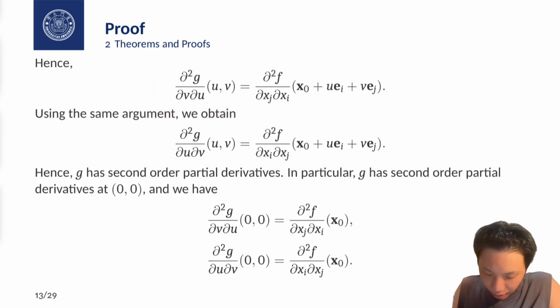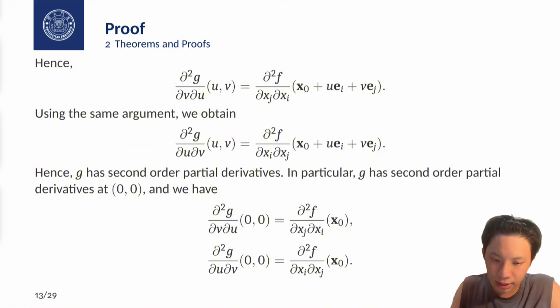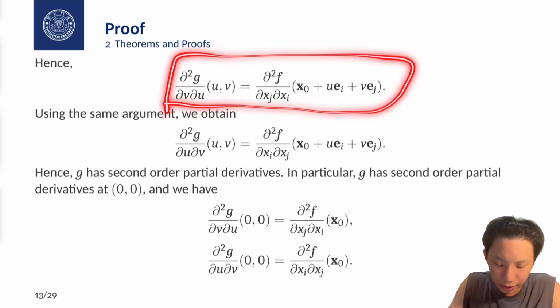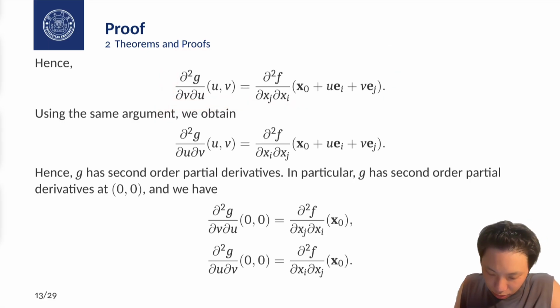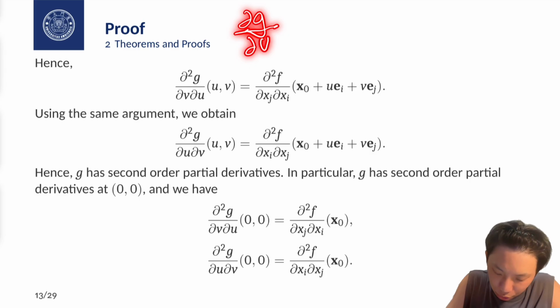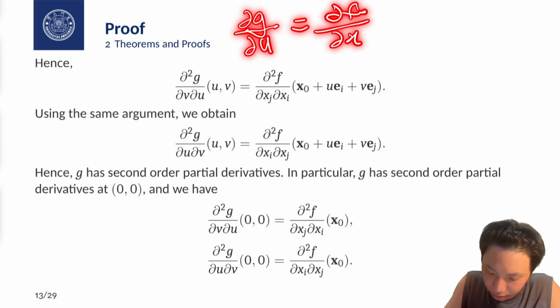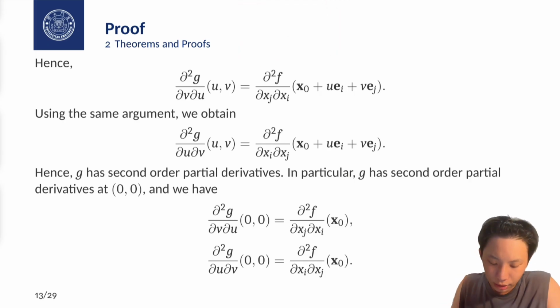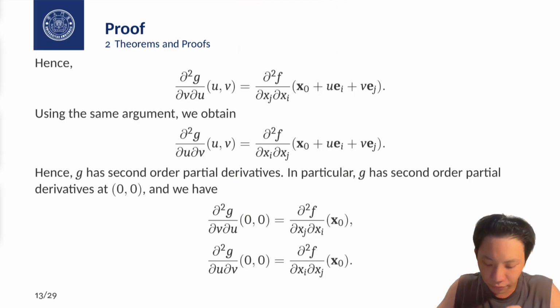It is not very hard to understand because we just apply the change of variable, so this result is not surprising. This actually means that taking the partial derivative of g with respect to u is the same as taking the partial derivative of f with respect to x, because we are just using the change of variable.